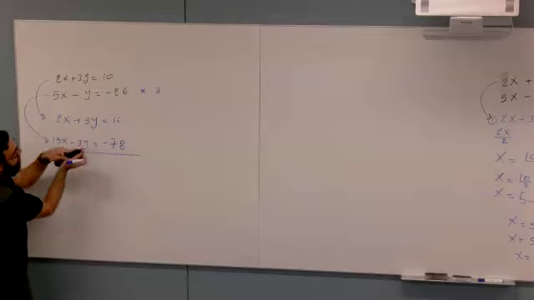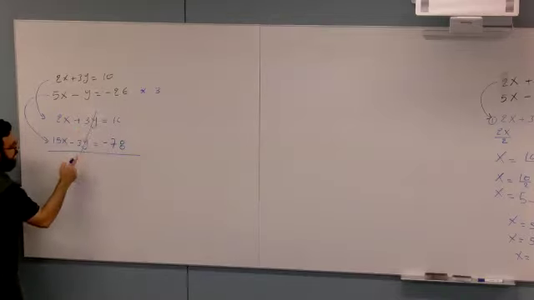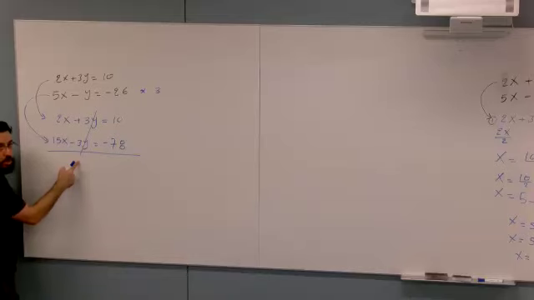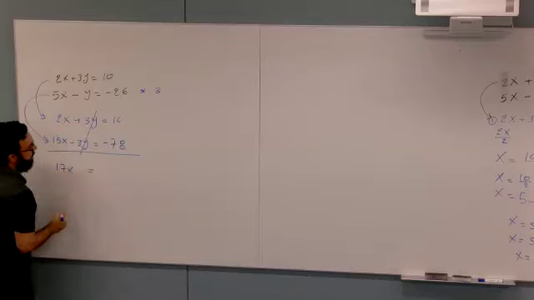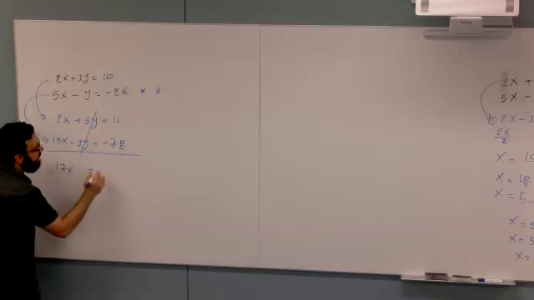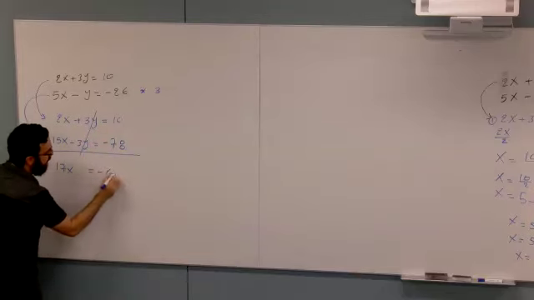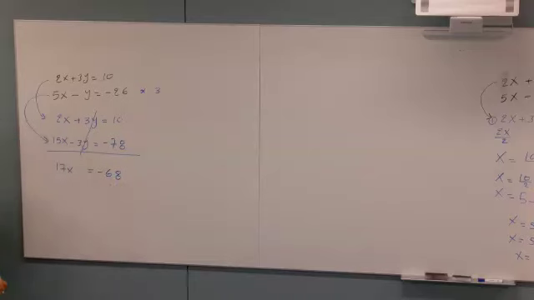Now, if I add these together, what's going to happen here? 0. What's left? 2x plus 15x, 17x equals what? 10 minus 78, negative 68. Is that okay? Now, what's the last step?